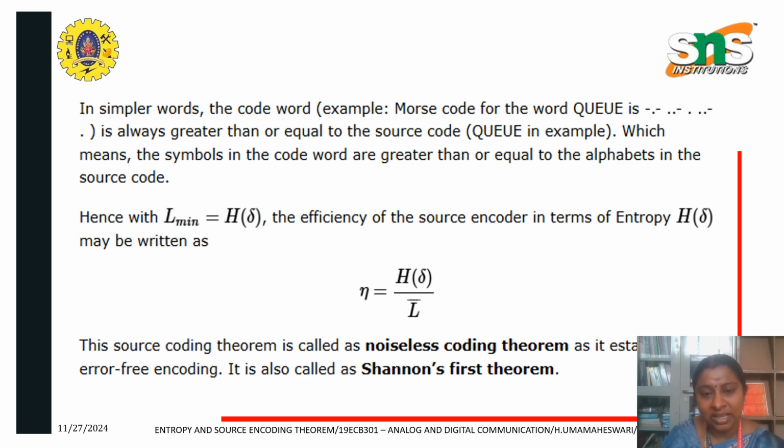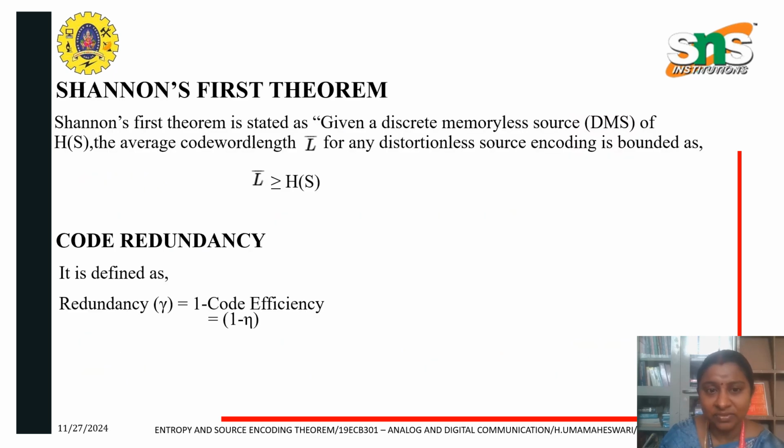This source coding theorem is called the noiseless coding theorem, as it is established by error-free encoding. It is also called Shannon's first theorem. It states that, given a discrete memoryless source of entropy H(S), the average code word length L bar for any distortionless source encoding is bounded as L bar greater than or equal to H(S).